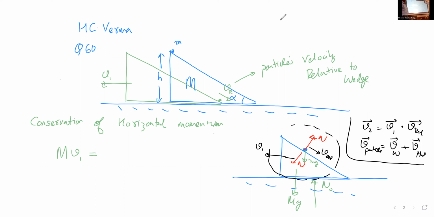Can you tell me directly how much will be the particle's horizontal velocity? VR cos alpha minus V1. Understanding? Because the particle's net velocity is the vector sum of this VR and V1. So the particle's net velocity is like this. We look at the horizontal component.